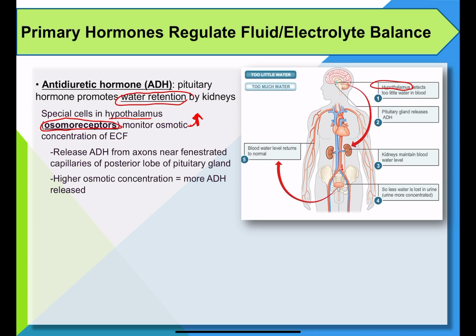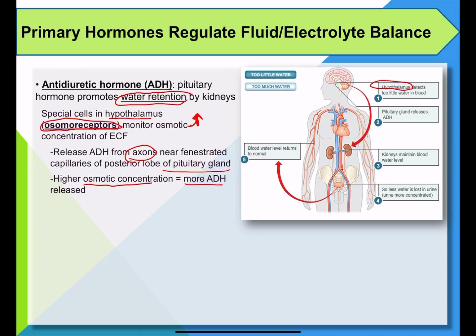Okay, and remember, those hormones will travel through axons because those hormones within the hypothalamus are made in the neurons, and they will get to the fenestrated capillaries within your pituitary gland. So higher osmotic concentration, more ADH will be released.